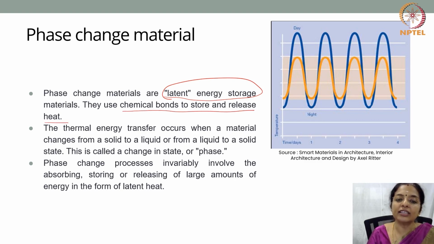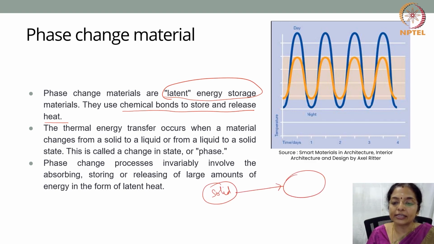The thermal energy transfer occurs when the material changes from solid to liquid phase and to a solid state again, depending upon whether heat is supplied to it or removed from it. So phase change processes invariably involve the absorbing, storing or releasing of large amounts of energy in the form of latent heat.